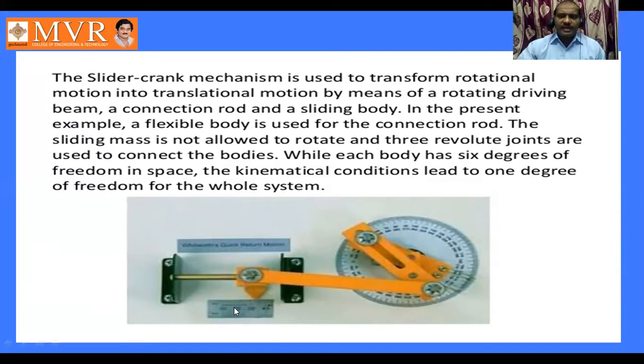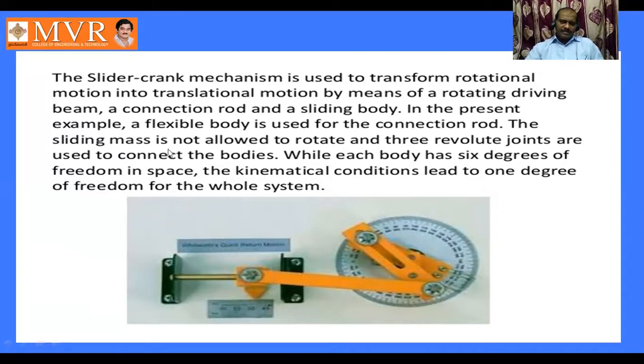So I will just read the content. The slider crank mechanism is used to transform rotational motion to translational motion by means of a rotating driving beam, a connecting rod and a sliding body. In the present example, a flexible body is used for the connecting rod.